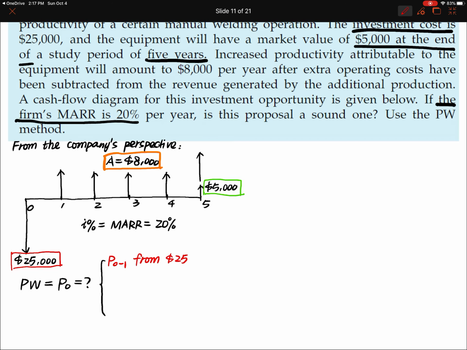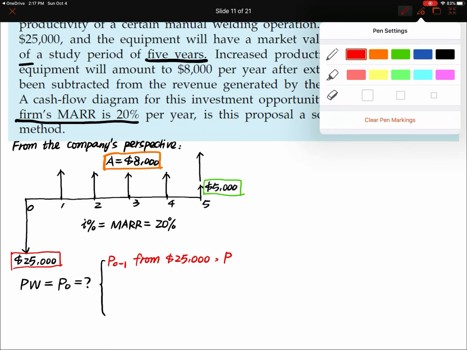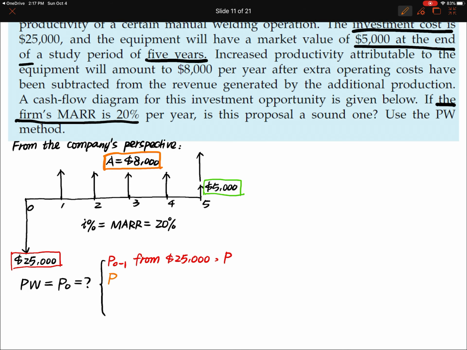So P01, that's the first part. That is from the 25,000. And you know it is a present time value, so it's P. And the second part is from the annuity, which is 8,000 every year. And you know it is a type of annuity, right?